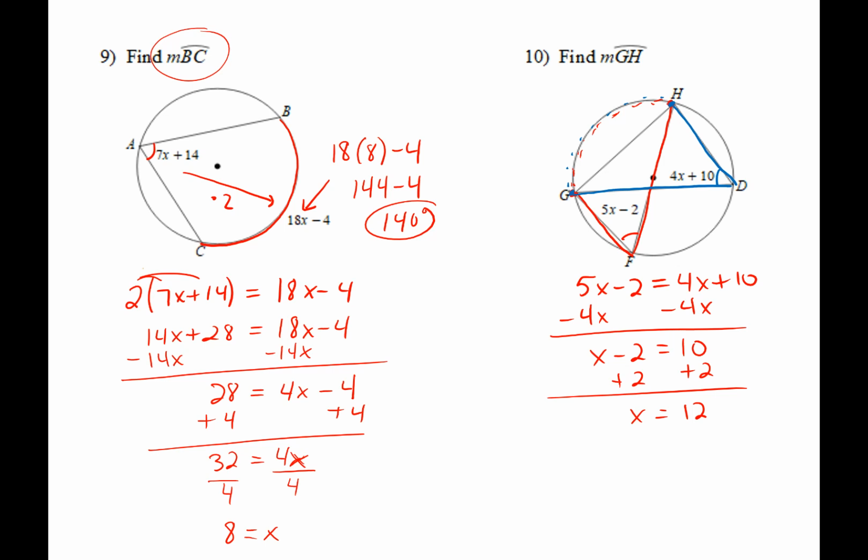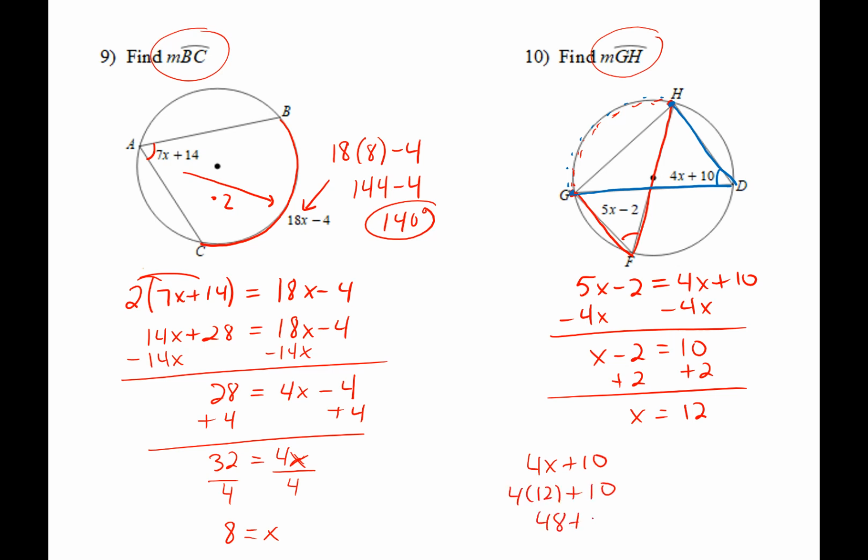Now, again, this is not my answer because the question says to find the measure of arc GH. So this is actually going to take a little bit of work. I can pick either angle to plug into. I'm going to do the 4x plus 10. So I would say 4 times 12 plus 10.